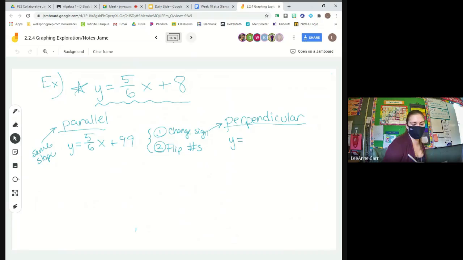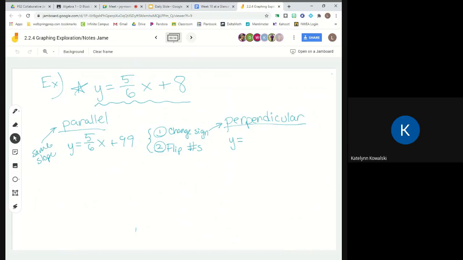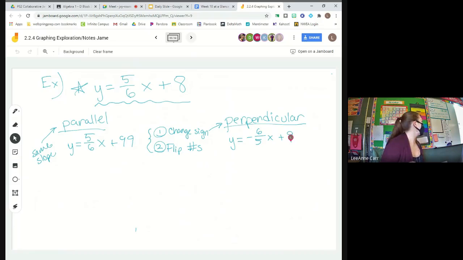Caitlin, can you give me your perpendicular equation? It'd be y equals -6/5 x plus 9. Beautiful. Thank you, ma'am. So here we changed it from positive to negative. Are you guys following? We changed it from positive to negative, and we flipped the 5 and the 6. Do you see that? And then again, that second number, I don't care what it is. It could be minus 1,000,000. It could be plus 1,000,000. The only thing that matters is the slope.